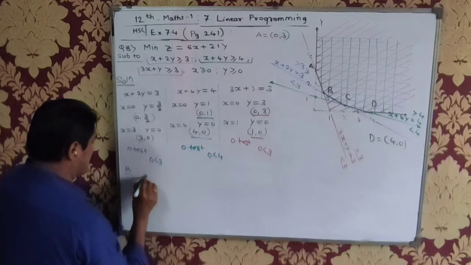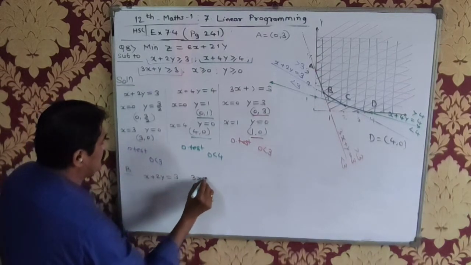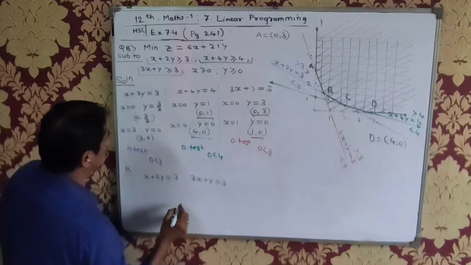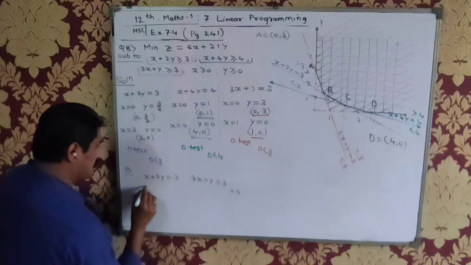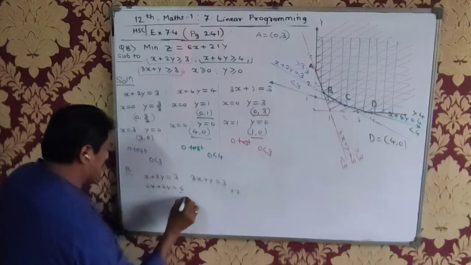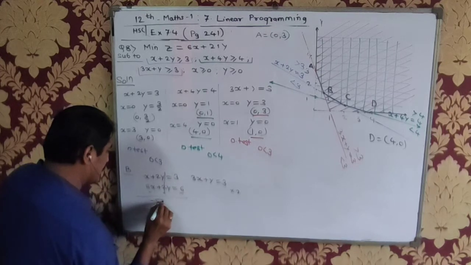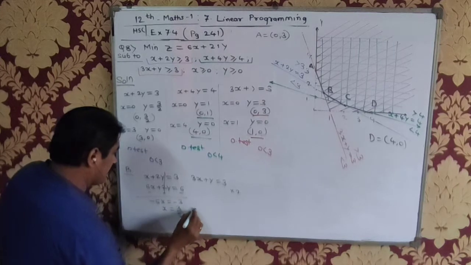That is x plus 2y is equal to 3 and 3x plus y is equal to 3. I'll multiply this by 2, so it becomes 6x plus 2y is equal to 6. Subtract. This will become minus 5x is equal to minus 3. So x is equal to 3 by 5.